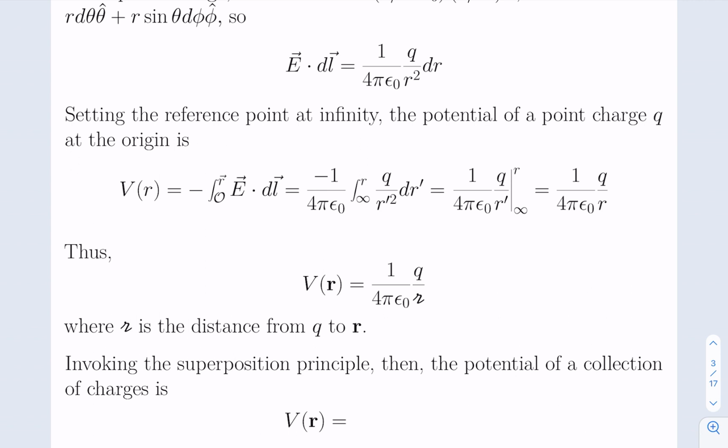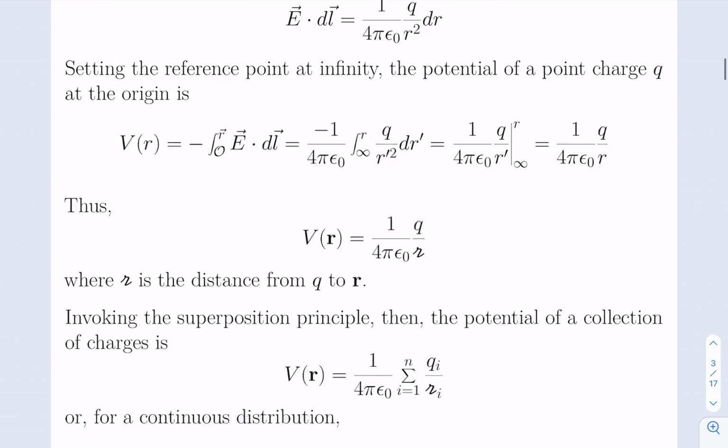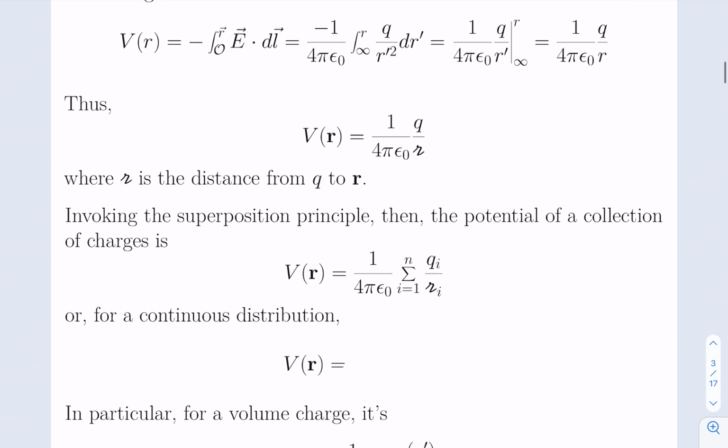Now, again, the same superposition principle can be applied to this potential. So if we are looking at the potential of a collection of charges, then we simply sum them together, and that gives the sum. And similar to the electric field, we can change this sum into an integration if we consider a continuous distribution of charge.